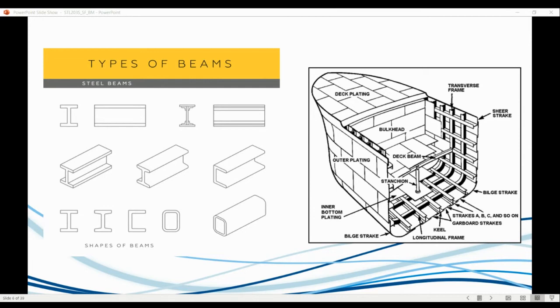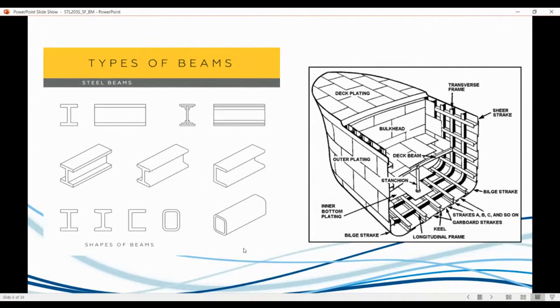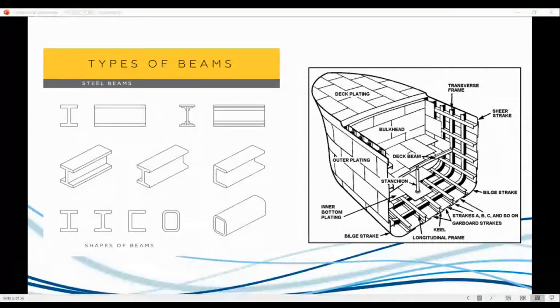Okay, maybe I could just. No, that's what I really want, so that we have an idea. Have you seen this kind of beams or structural elements before, on board or maybe dry docking?